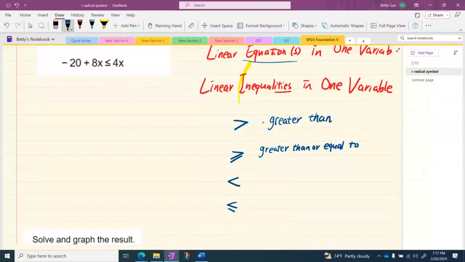We also can translate that as at least, or no less than.